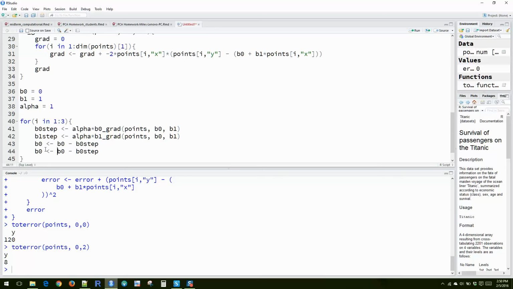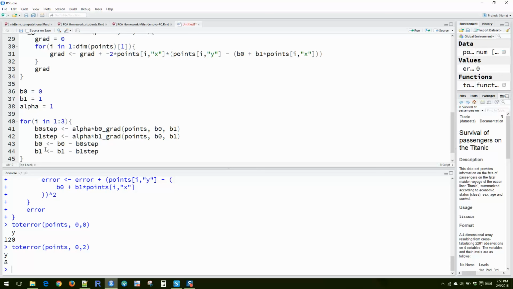and then the new value of our slope is going to be b1 minus the step, okay? It's important that you don't do update b0 and then update b1, okay?